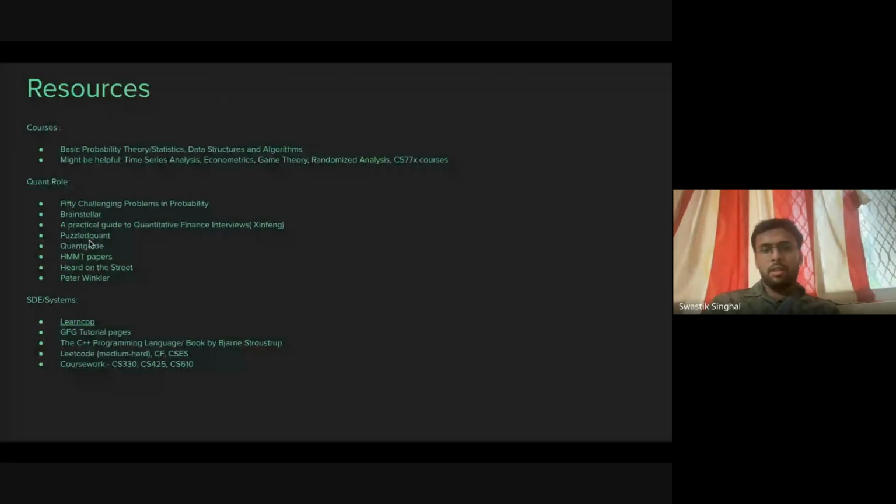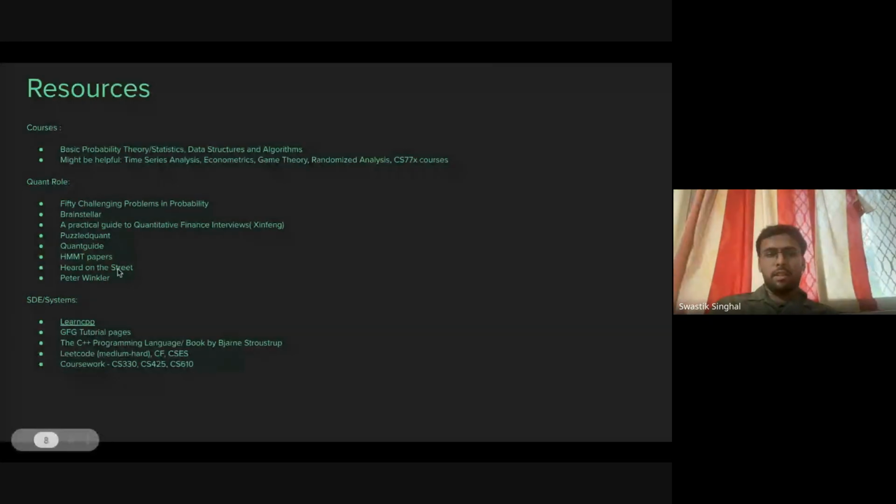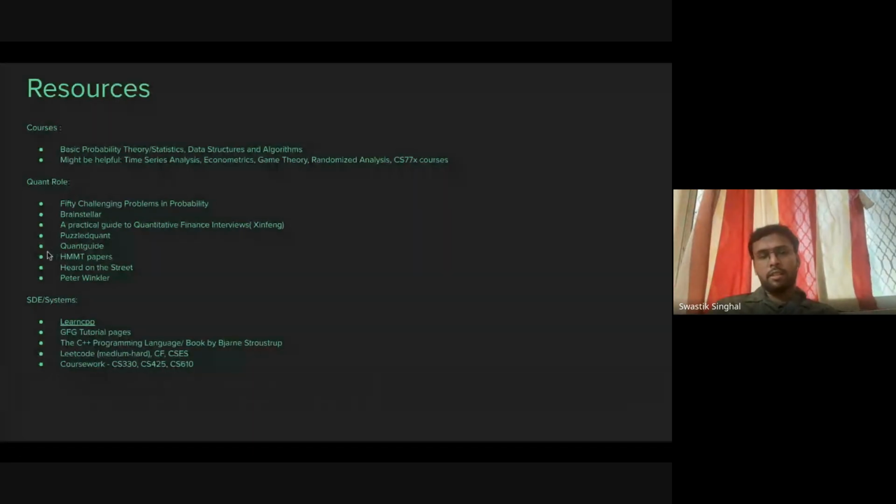Puzzle quant has all the questions from Brainstellar and 50 CP. Also there are certain books like Heard on the Street, and HMMT papers. HMMT is the Harvard-MIT Mathematics Tournament. The questions there really help you build concepts for the puzzles that these companies ask. So you can look at them as well.